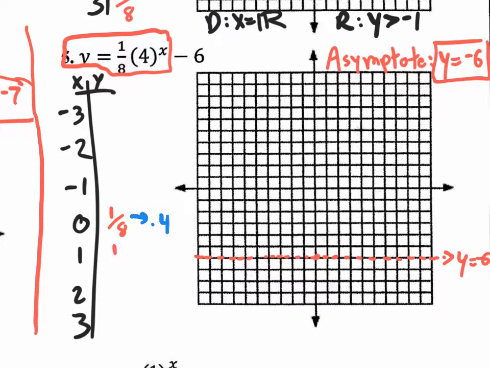So the output is 1/2 right here. And then if I wanted to get to the next one, I would go 1/2 times 4. That's 1. What does that give us? That gives us 2. And then if I wanted the next one, 2 times 4, what does that give us? That gives us 8. See how it works?